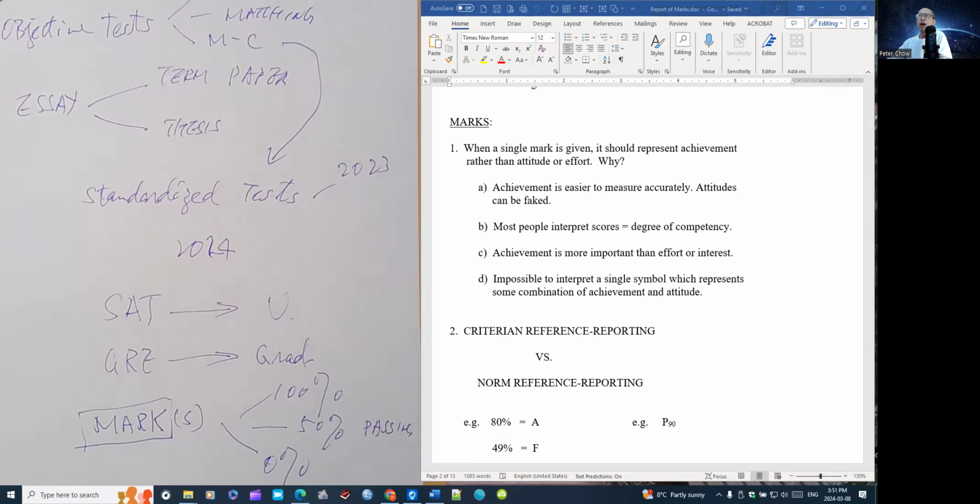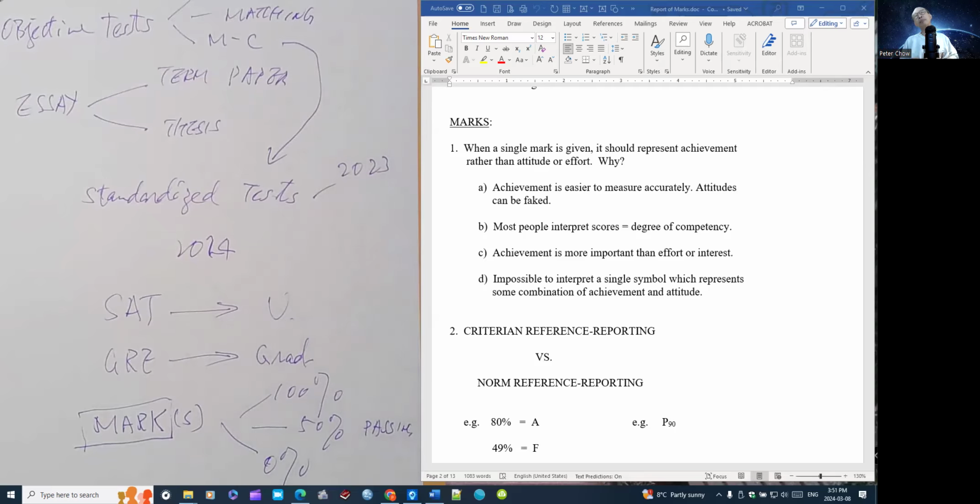Now, most people interpret scores as degree of competency rather than degree of effort. And also, we have to admit that real life achievement is generally more important than effort or interest.